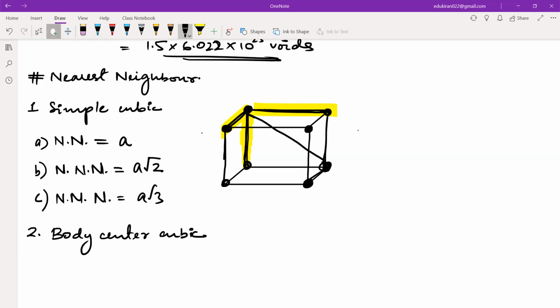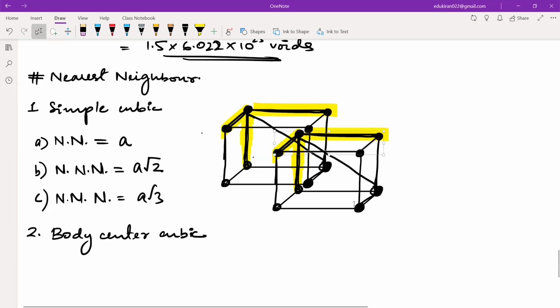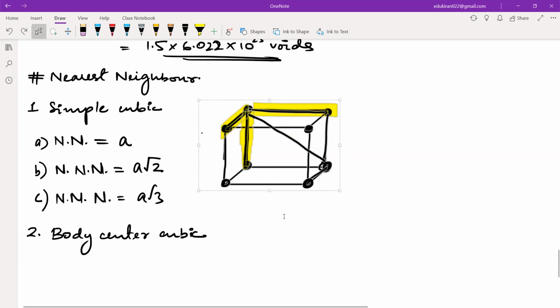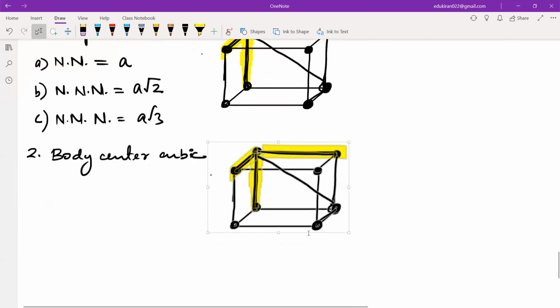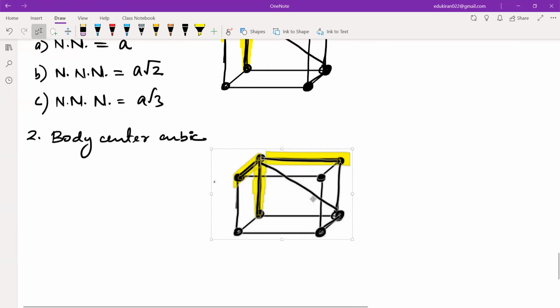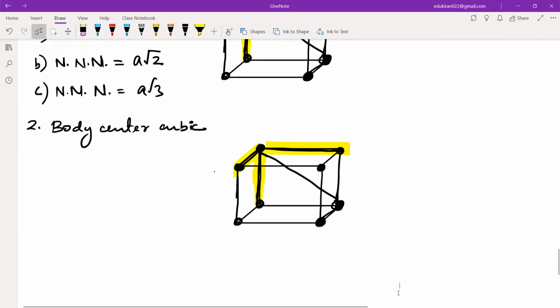So in body centered cubic, we have the same thing, but we will have a body center atom here also. So we remove this from here, and we can also erase this one.